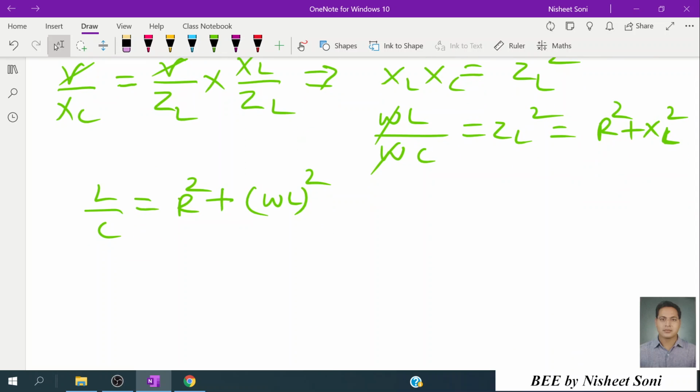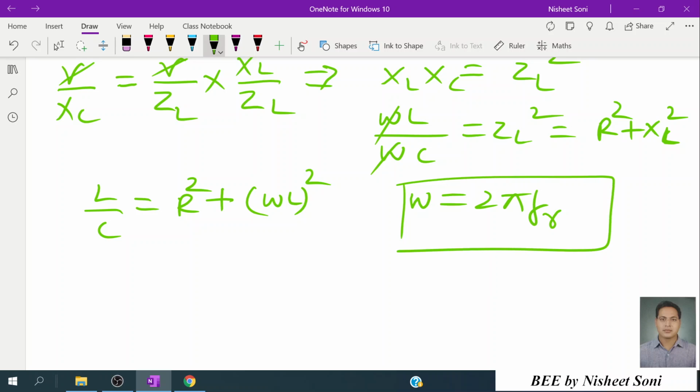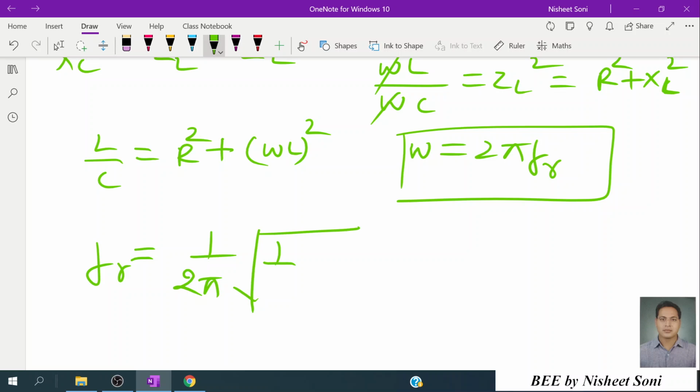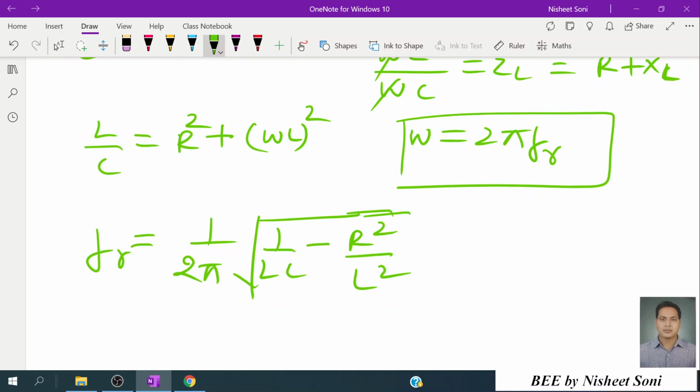you know that omega is 2 pi f, and if you are considering the resonance condition, f will be fr, so omega equals 2 pi fr. If we solve this overall condition, we'll get that fr comes to be 1 upon 2 pi under root of 1 upon LC minus R square by L square.